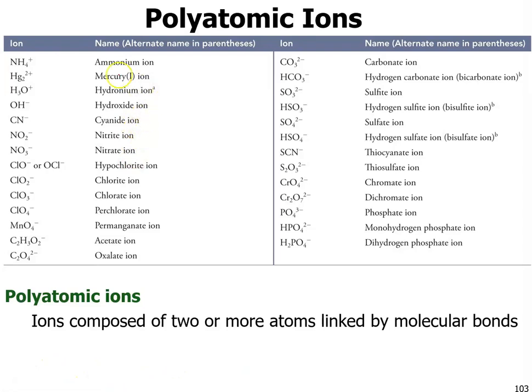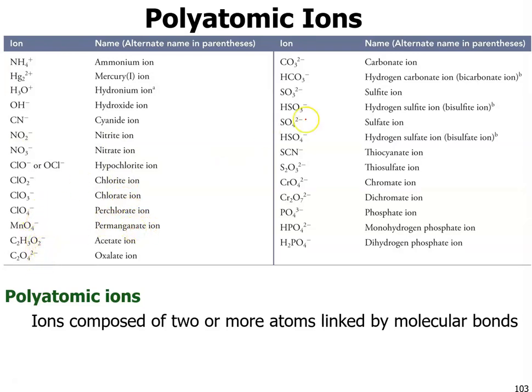So some of these you may have heard before. Ammonium ion: this is a polyatomic grouping. These are nonmetals that group together and form a positive charge. Hydroxide, I'm sure you've heard of that. Maybe cyanide ion, CN minus. Nitrite, nitrate. You'll notice there's an -ite versus an -ate ending. Usually that refers to the number of oxygens. We have chlorite, chlorate, perchlorate, permanganate. They all have oxygens in them.